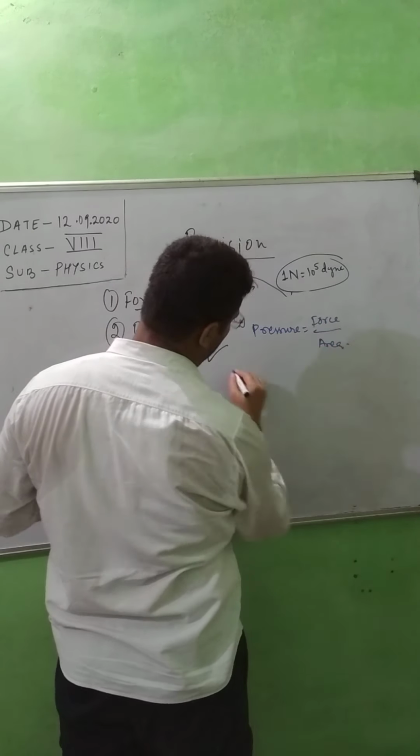And we have also said that pressure is inversely proportional to area if force remains constant. It means that if the force is constant and if we increase the area, then what will happen?